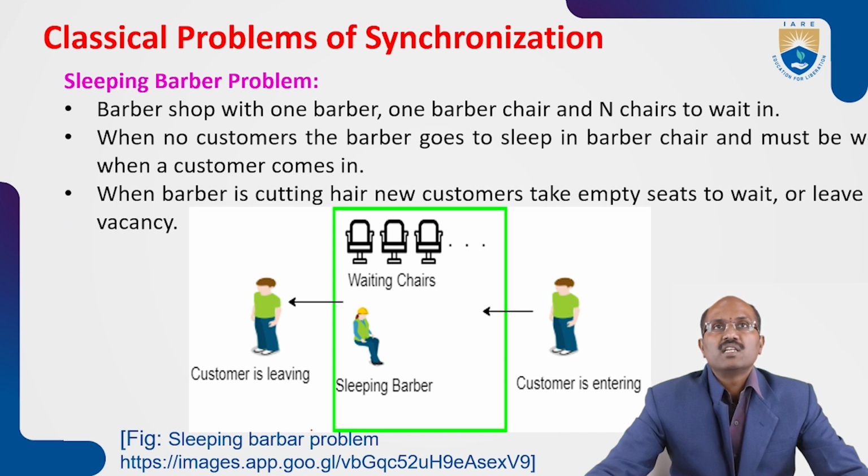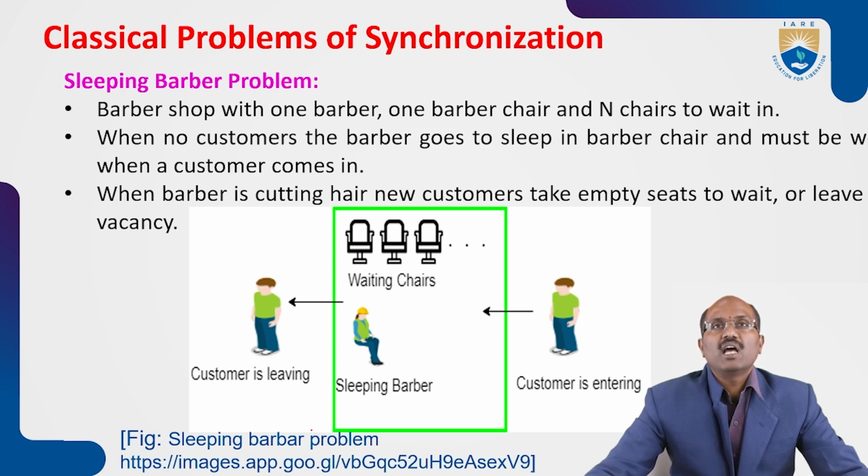When the barber is cutting hair and a new customer comes, they take an empty chair to wait or leave if there is no vacancy. See the diagram. The waiting chairs are many, but customers enter at one end and leave at one end. If no customers are there, the barber sits in the chair and goes to sleep. If a customer is there, the barber starts cutting the hair.